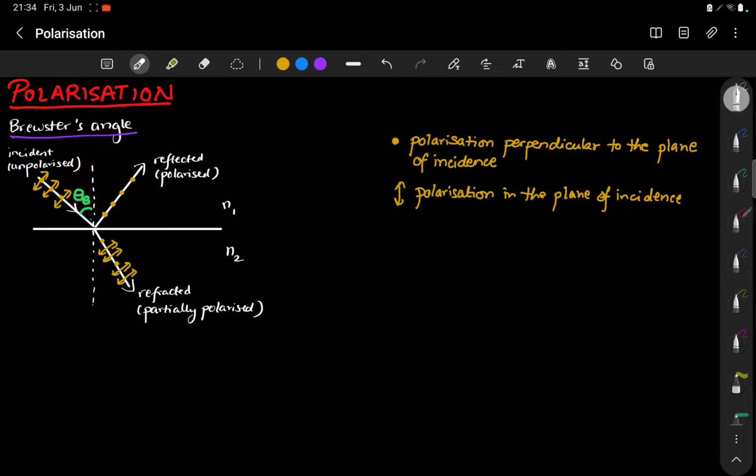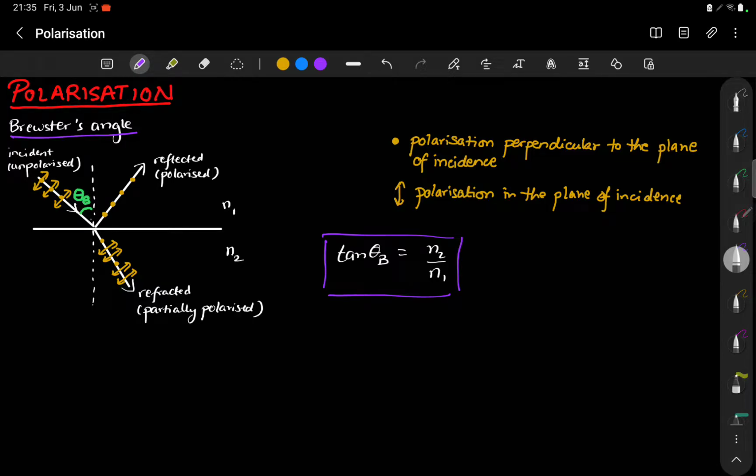Now the formula for Brewster's angle is, let me write down. This is the formula for Brewster's angle. So tan of the Brewster's angle is the ratio of the refractive indices of the media separated by the interface.